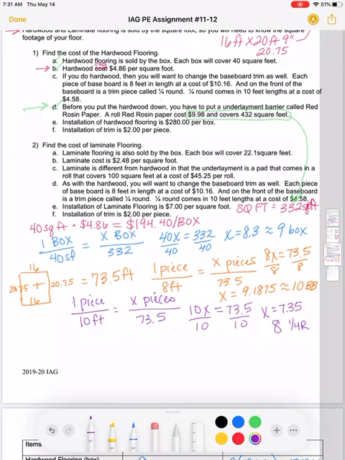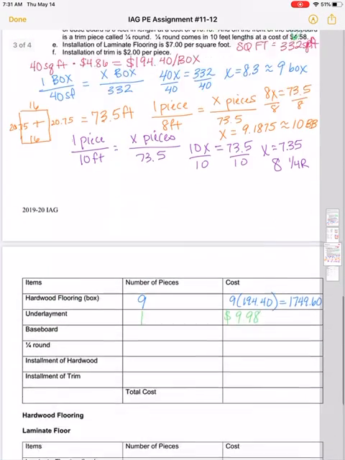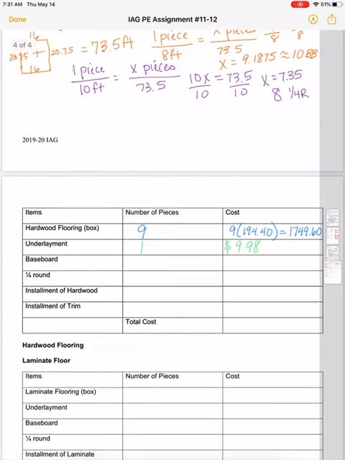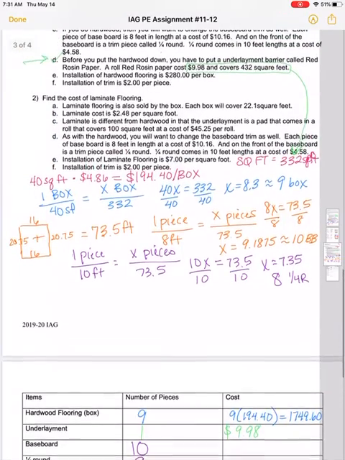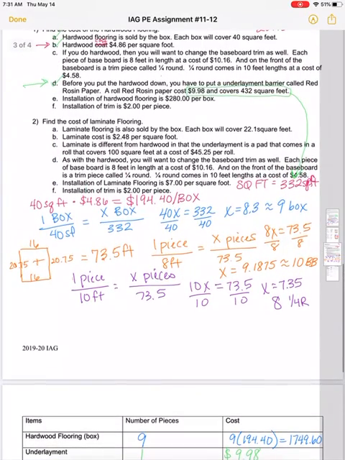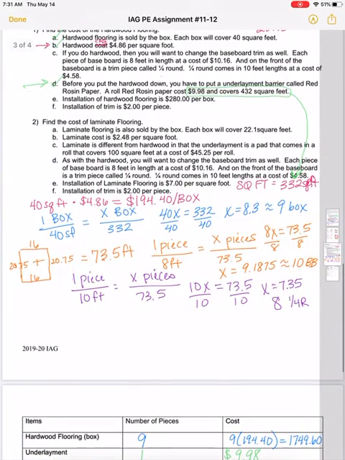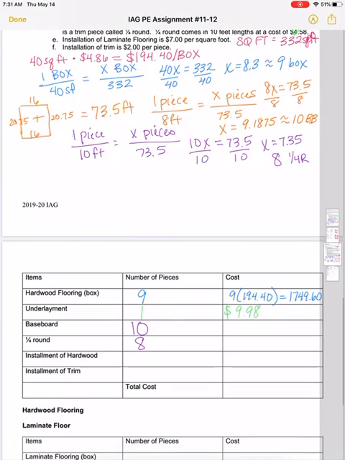So let's go ahead, add those to our chart before we calculate our cost. Up here, baseboard, I need 10. Quarter round, I need 8. And then let's go find our, oops, sorry about that. Let's go up there and grab those prices off of his directions up here. So baseboards are 10.16.